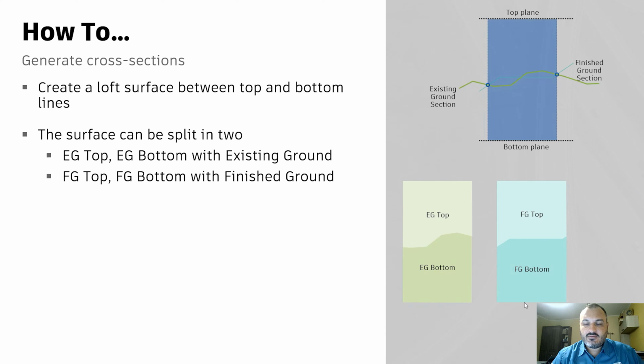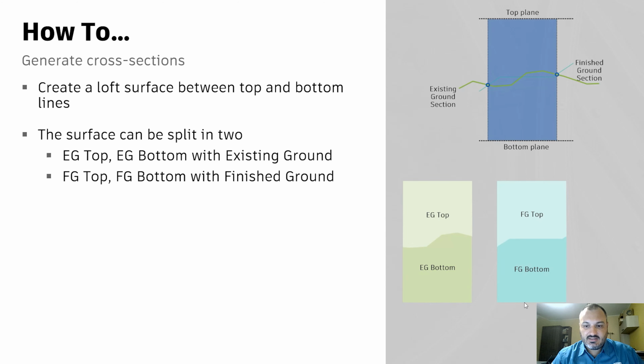Because once we have these loft in between, this blue surface that you can see on the right, we see that the surface is intersected or cut or split by the existing ground and the finished ground in 2 different ways.